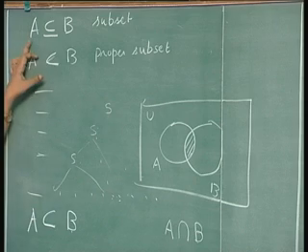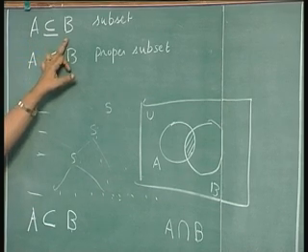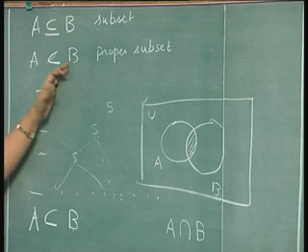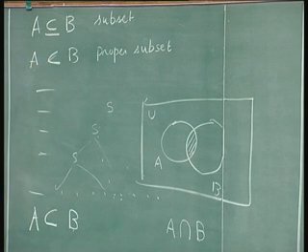In this case, it is possible for A and B to be equal also. In this case, B has at least one more element than A. They are not equal.